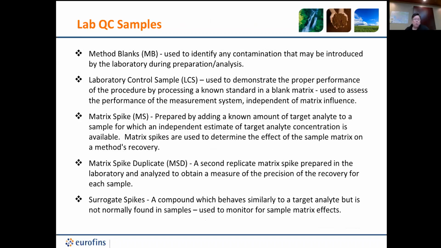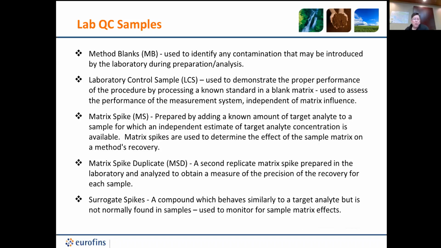We run lab control samples, and that demonstrates performance of a procedure. We actually process a known standard in a blank matrix, run it alongside with your samples, and if we get out on the back end what we put in on the front end, we know that our system is working optimally, that we're recovering what we say we can recover.